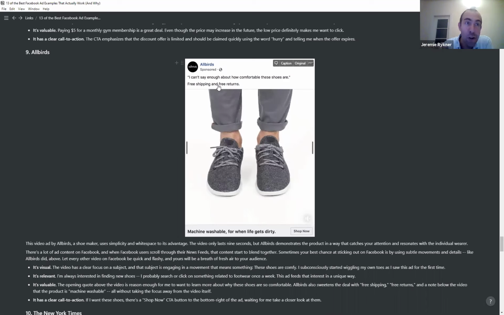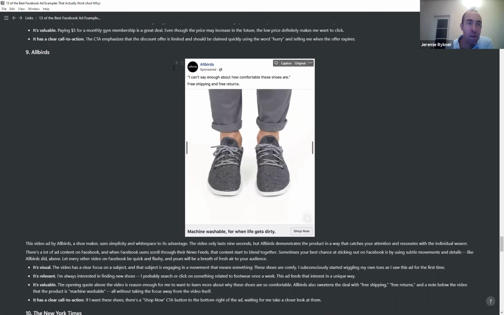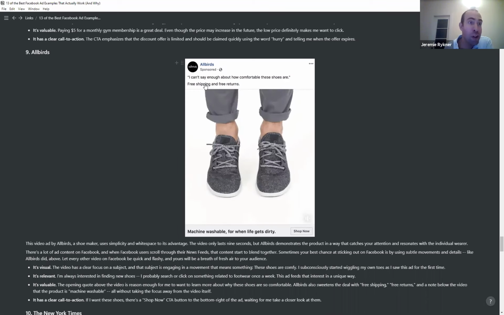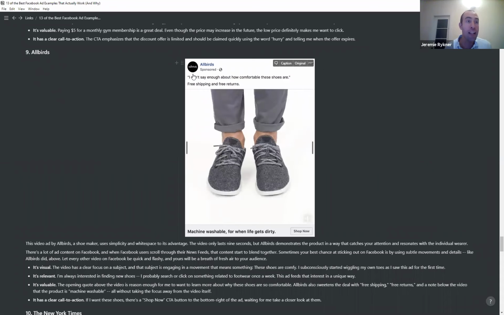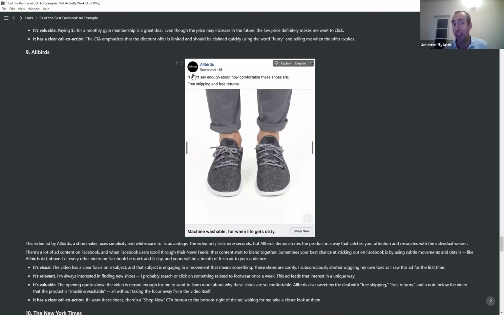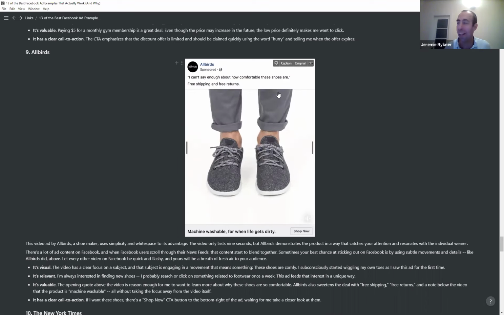So it is washable, so don't worry about bad smells. Also elements here are free shipping and free returns. So really trying to get you beyond any kind of doubt that you might have, any kind of excuse to not do it. No excuse, free shipping and free returns. You have no risk here, basically, risk-free. So there's no reason not to try.